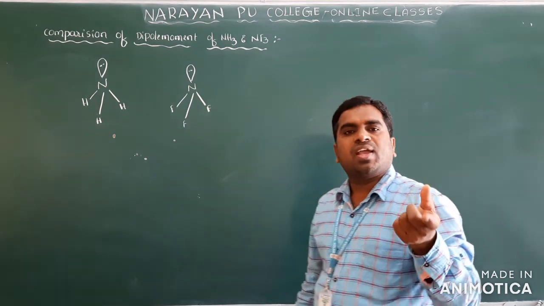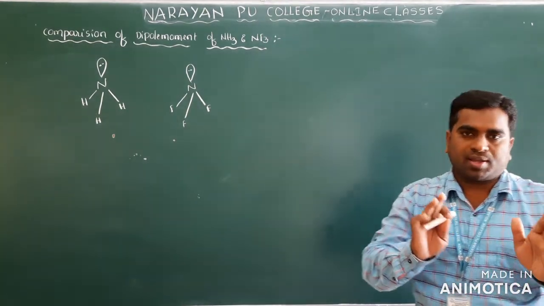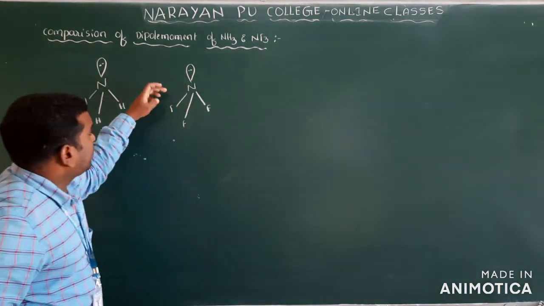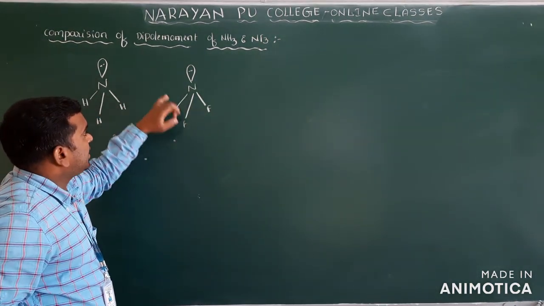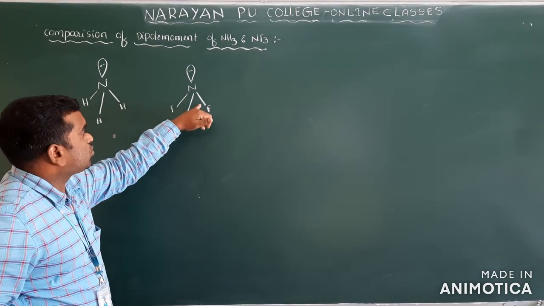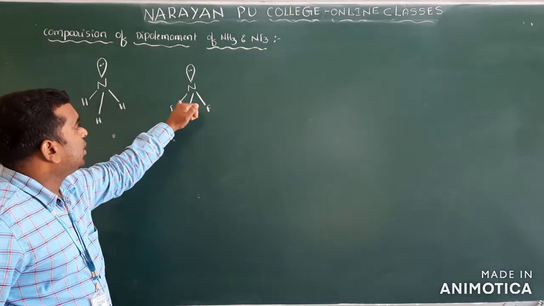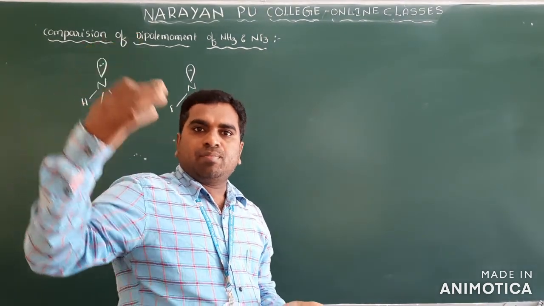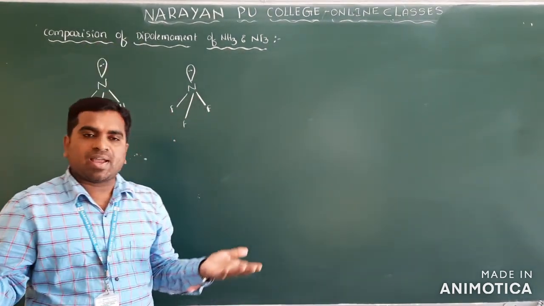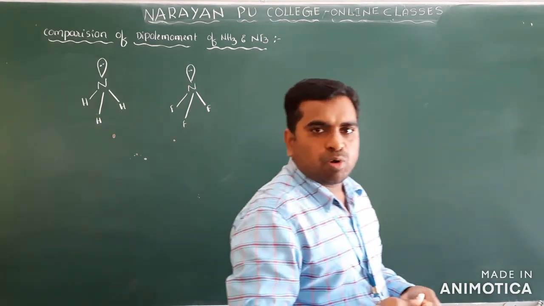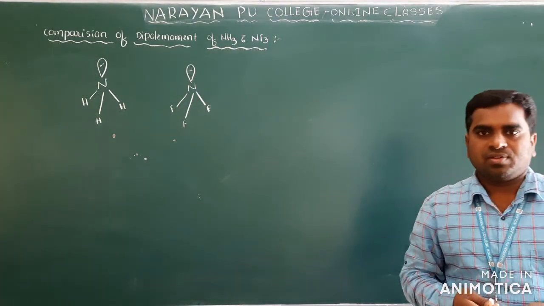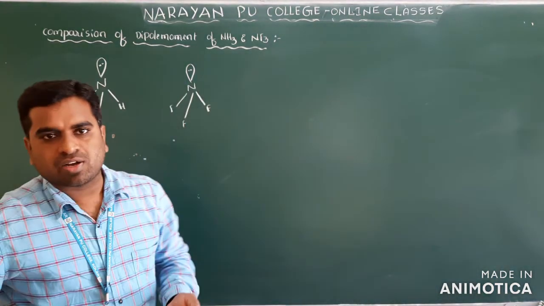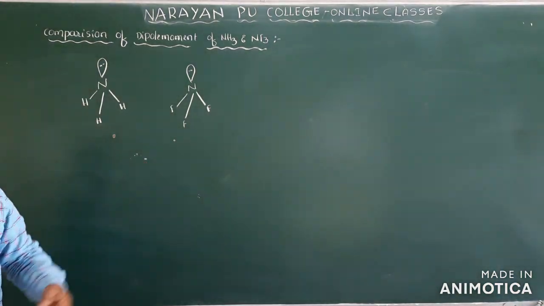You may think the electronegativity difference between nitrogen and fluorine is maximum, so the bonds are very polar, the charge Q is highest, and so the dipole moment increases. But if you apply that concept here, you will get the wrong answer.